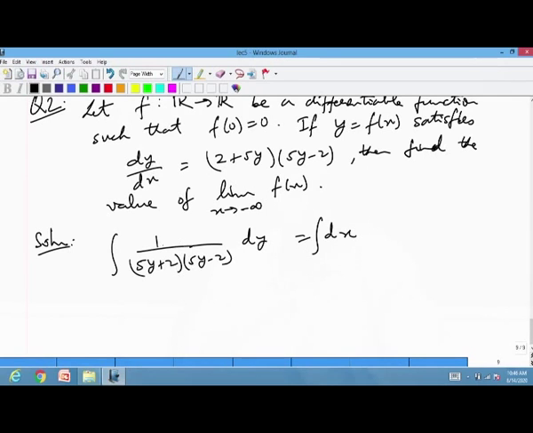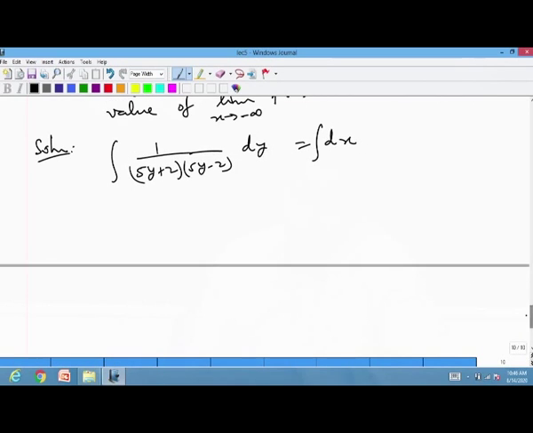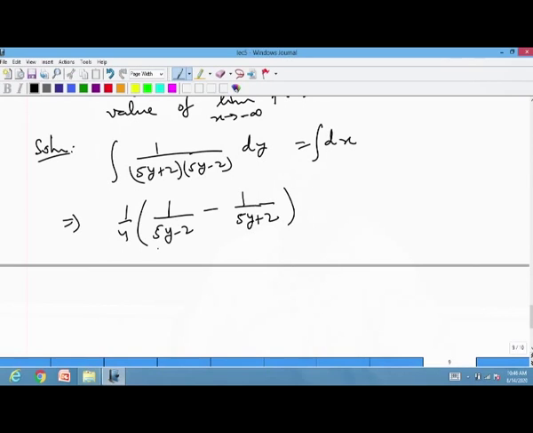Now, this can be written in partial fractions. This implies we can write this as 1 by (5y minus 2) minus 1 by (5y plus 2). If we do, then we get in the numerator 4. So, 1 by 4 times this is equal to the integrand here. So, this dy equal to integral dx.